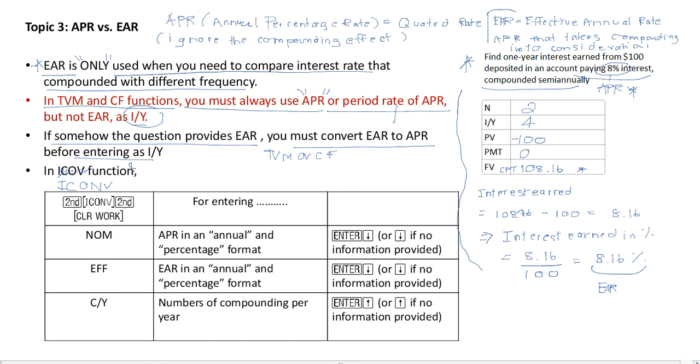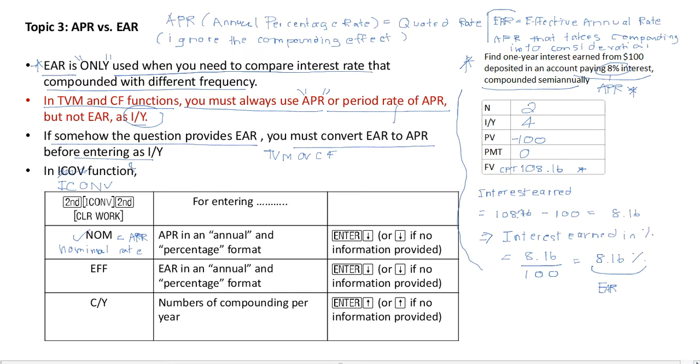I'm going to show you how to put this information in in the next video. But for now, just go through each item that you will see when using the ICONV function. The first part is called NOM, which stands for nominal rate. Nominal rate is the same as APR.